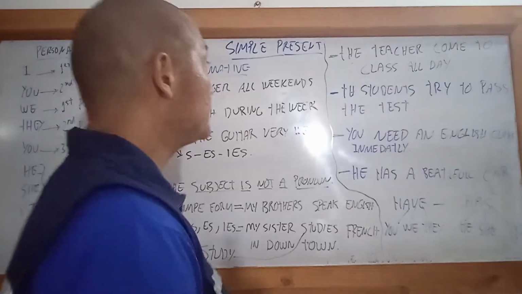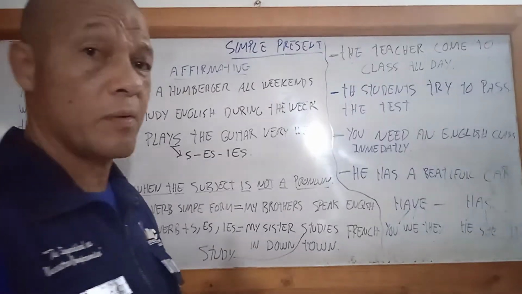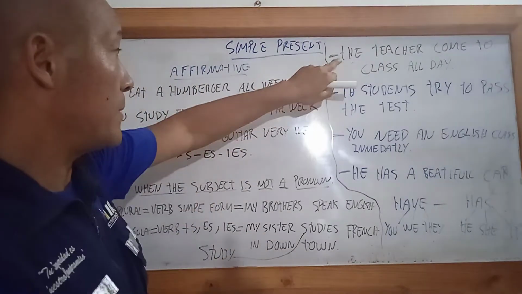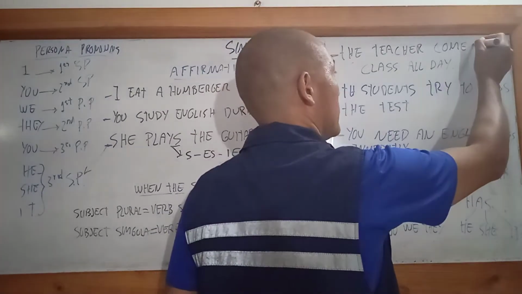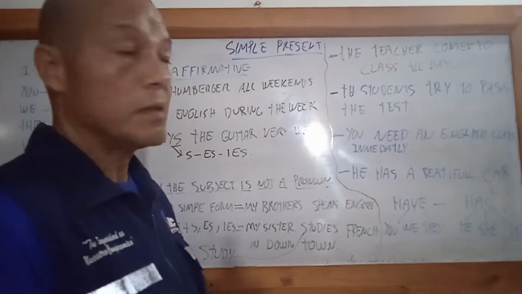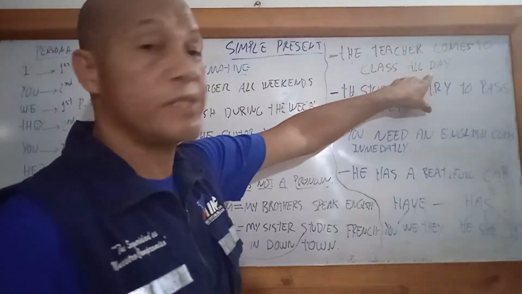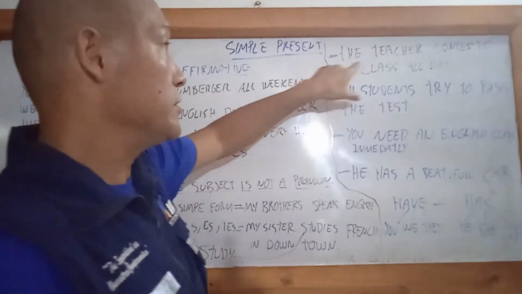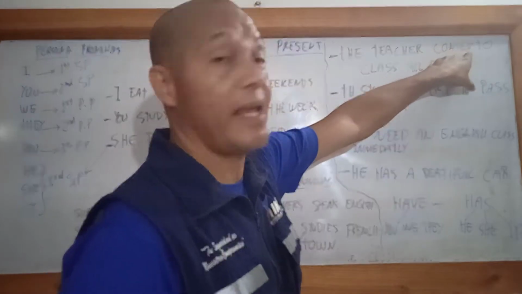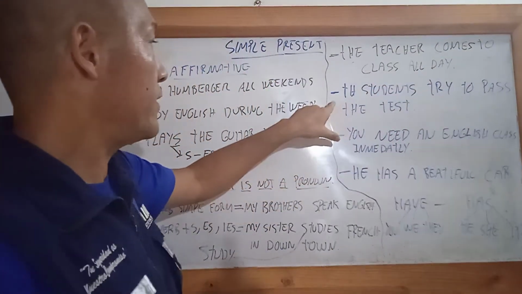Okay. Now let's practice with some examples. Look at this example. The teacher comes to class all day. Because the subject is singular, the main verb has to add an s. But look at this.